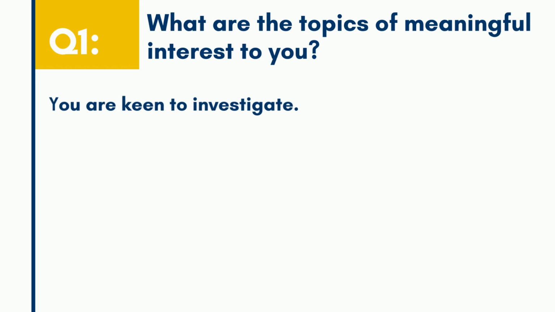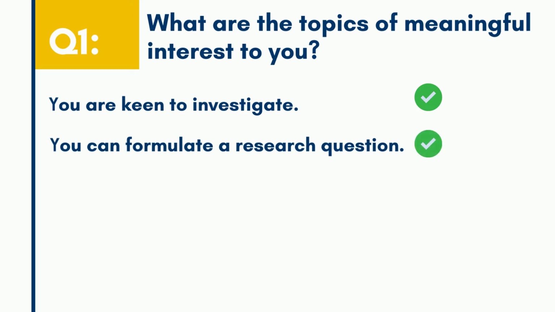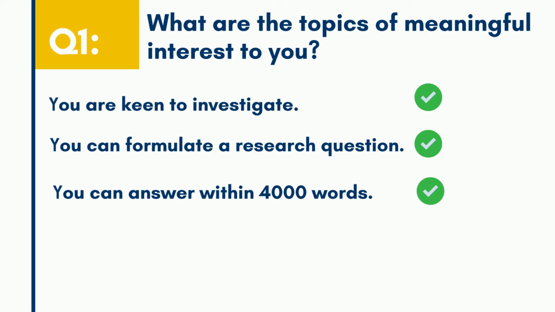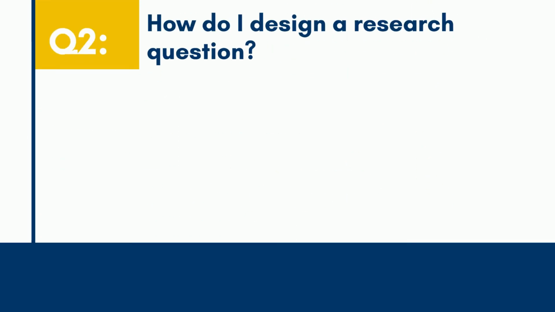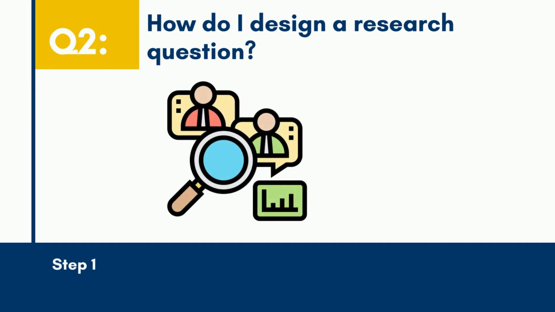It is vital that you choose a topic that you are keen to investigate, as well as being able to formulate your own research question that can be answered meaningfully within 4,000 words. Once you have identified an area of interest, you will have a starting point for the development of your research question.